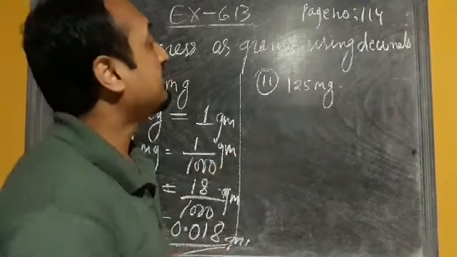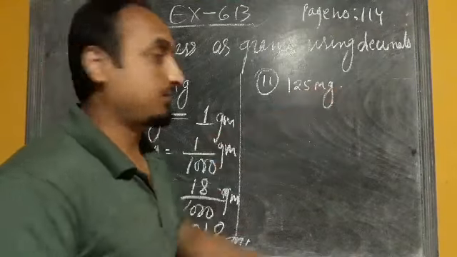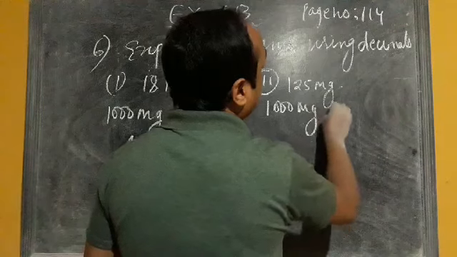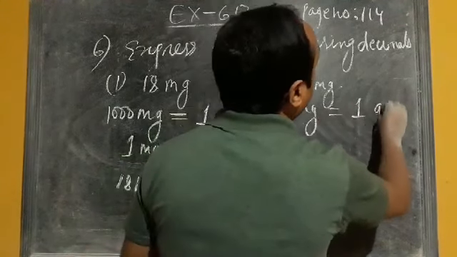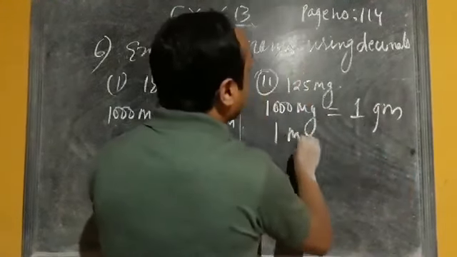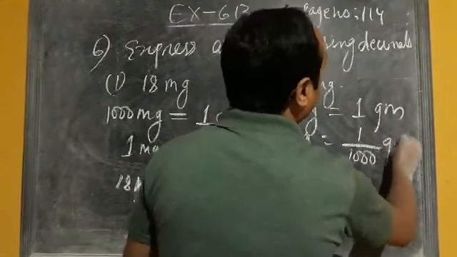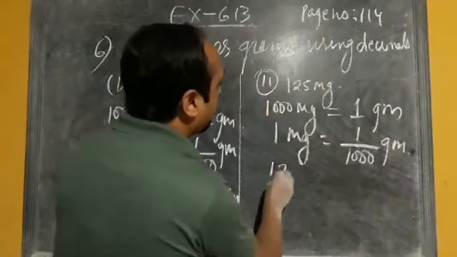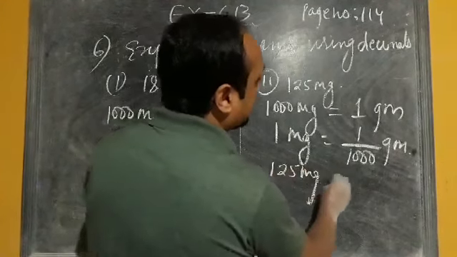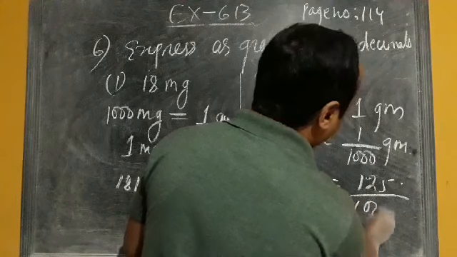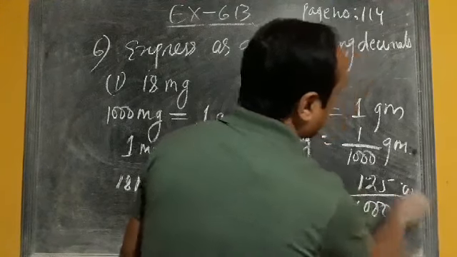Next question we have 125 milligram. So we know that 1000 milligram is equal to 1 gram. So 1 milligram is equal to 1 by 1000 gram. So 125 milligram can be written as 125 by 1000 gram.